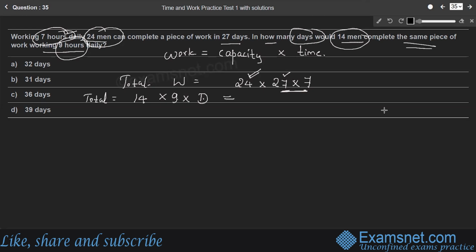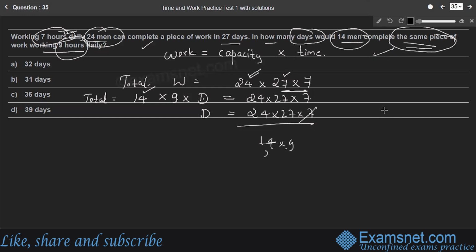Which is also equal to 24 into 27 into 7. Since in both the scenario, both the conditions, work done is same piece of work, right? Therefore, so how many days they'll take? How many days these 14 men will take? So D is equal to 24 into 27 into 7 divided by 14 into 9.